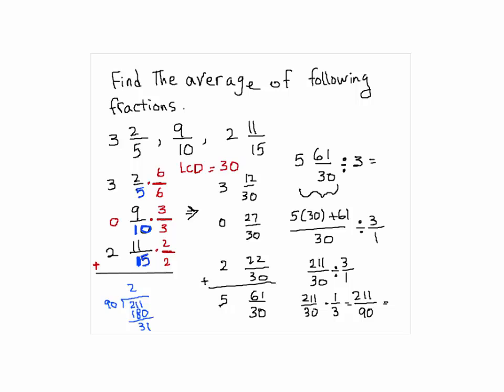So that's the same as 2 and 31 over 90. So this is how we can add these 3 numbers, and to find the average we divide by 3, and that's the answer.